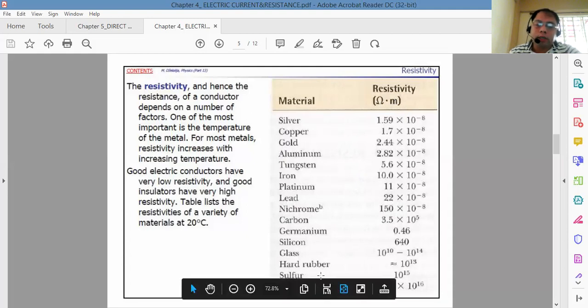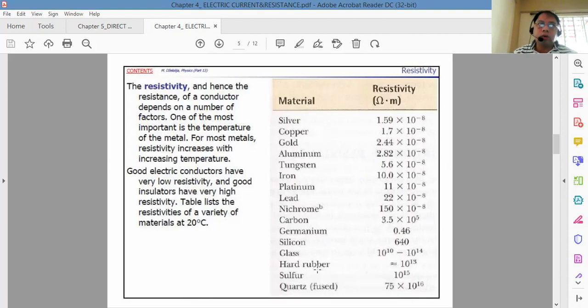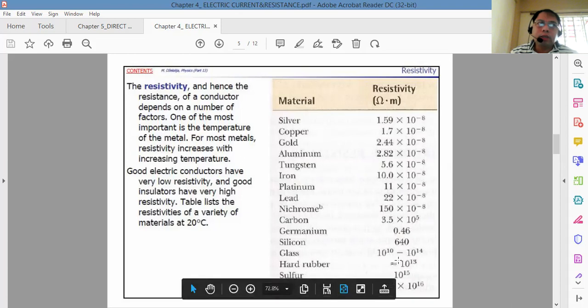Among them, rubber. Look at rubber, it's 10 to the 13. And I think in most safety shoes of electricians, those that go up the ladder in some electric poles, they wear safety shoes that have a very good rubber sole. The rubber sole prevents them from being electrocuted because they are kept at a safe distance from the ground.